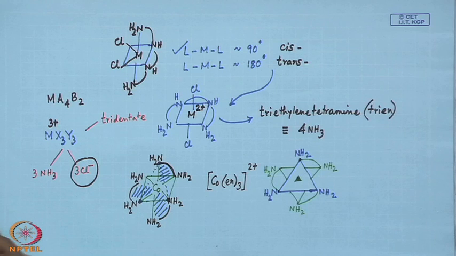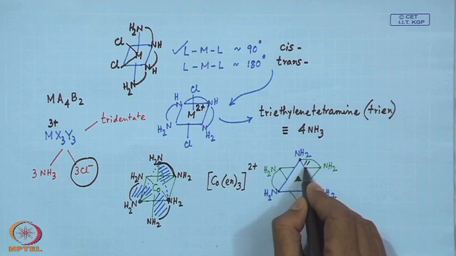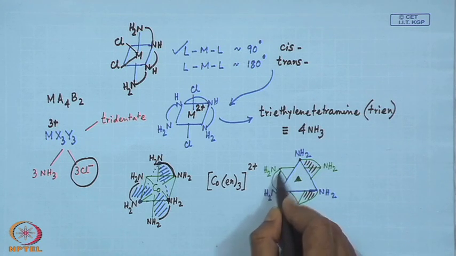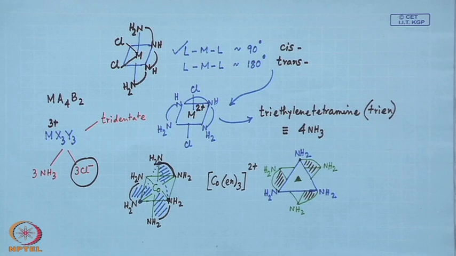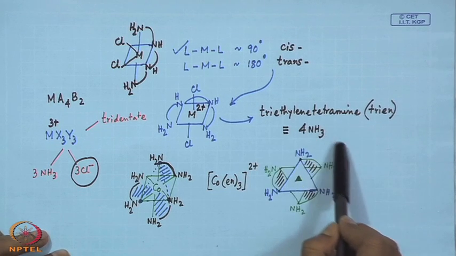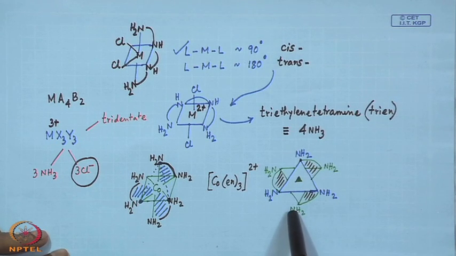So, we have this basic structure for these 3 planes. We have one plane like this and the second plane like this and the third plane like this. Once we move from here to here, here to here, here to here, we basically get a clockwise movement.